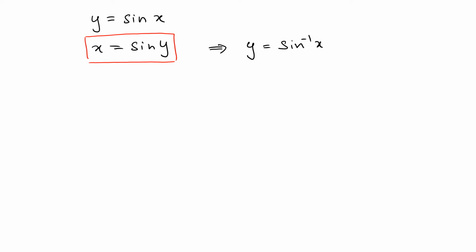Since we only pick the domain as negative pi over 2 to pi over 2, when you find the inverse function, the y value ends up in that exact same range. So that means x is inside that range.